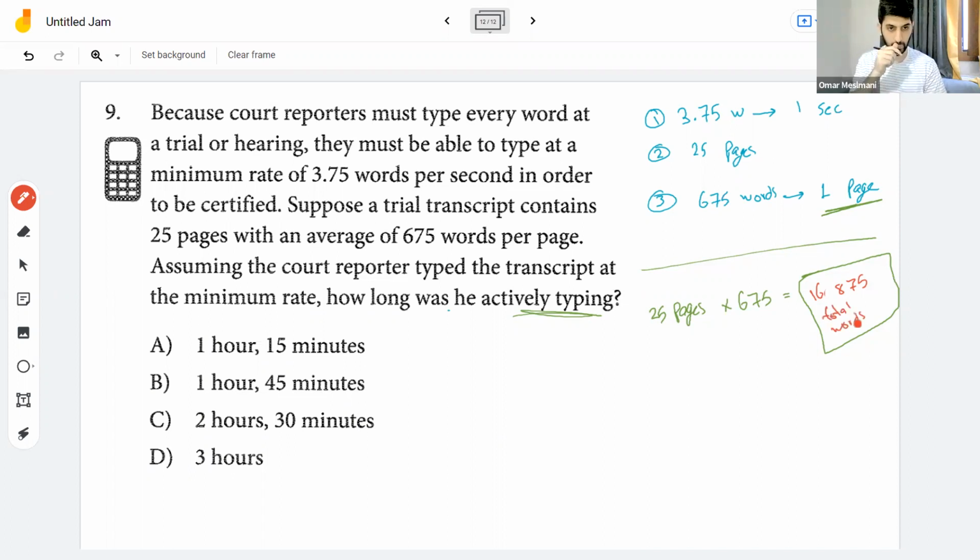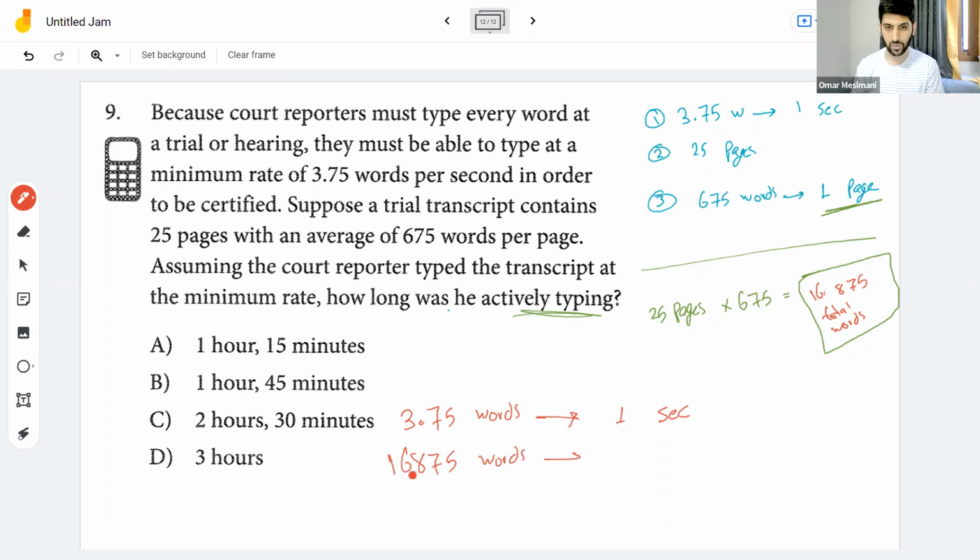Okay. Now I'm going to use the proportion he gave to me. He said they can do it at a minimum rate of 3.75 words in 1 second. So if they are able to write 3.75 words per second, how many seconds will they take for 16,875 words?